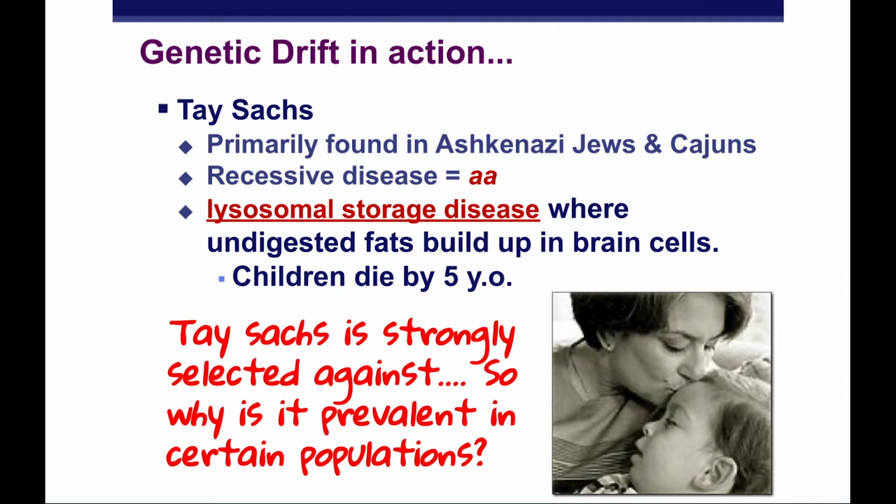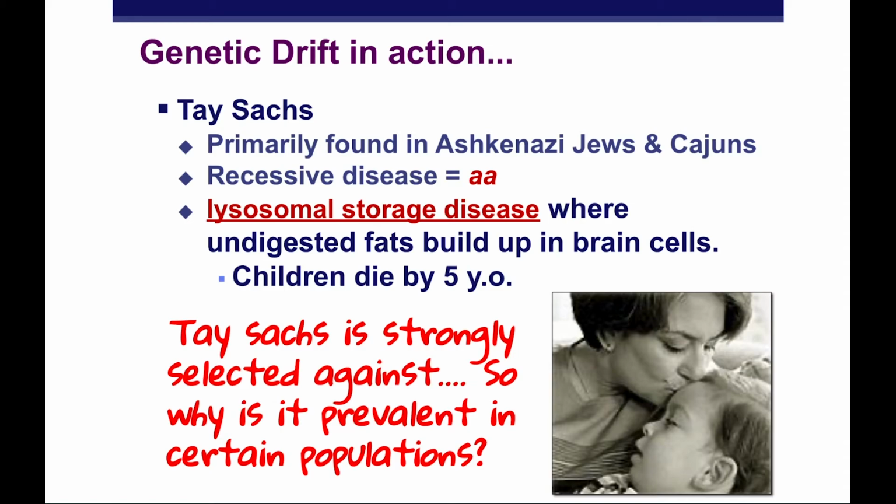So a famous example of genetic drift is what's known as Tay-Sachs disease. Tay-Sachs disease is actually very frequently found in the U.S. in people who have Ashkenazi Jewish descent and people of Cajun descent, because the founding population for those ethnic groups happened to have one or two individuals with the Tay-Sachs allele.